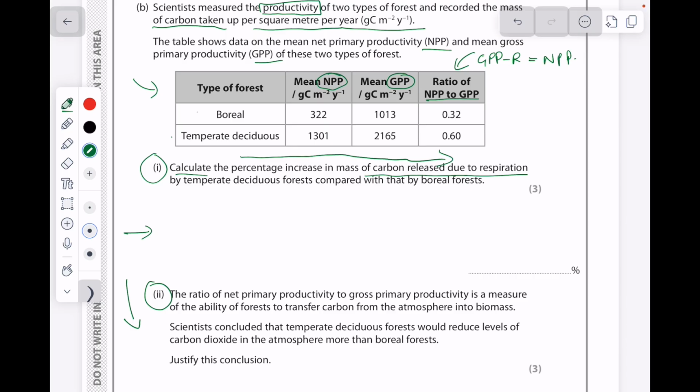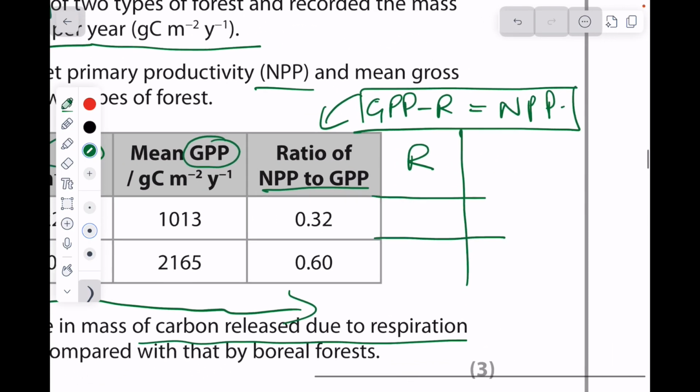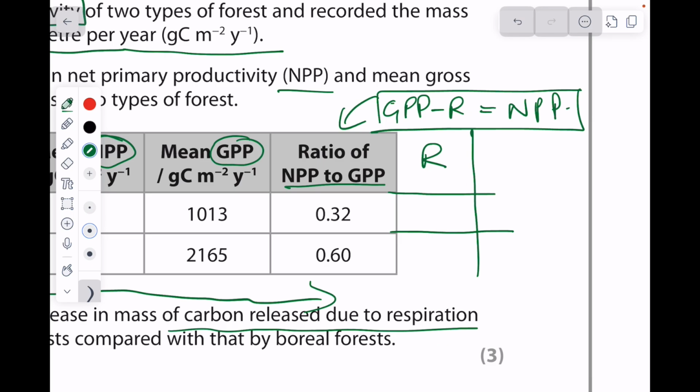Okay, so I could make a little column here for R, for respiration, because if I do GPP minus NPP, it should give me R. If I manipulate this equation, I move R to the other side, so plus R on both sides, and then minus NPP from both sides.